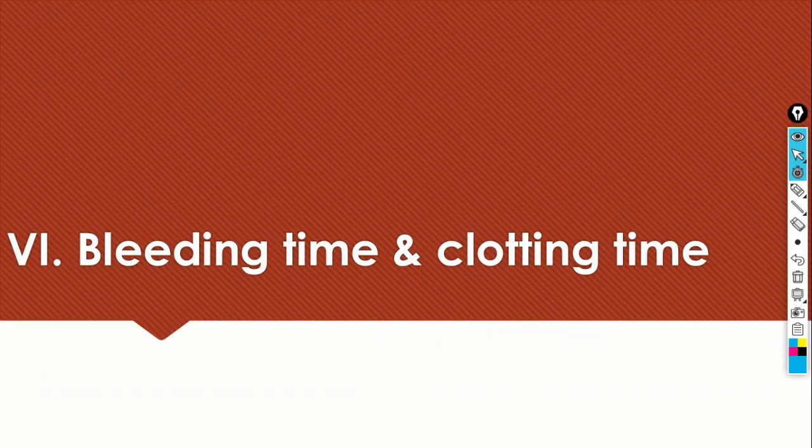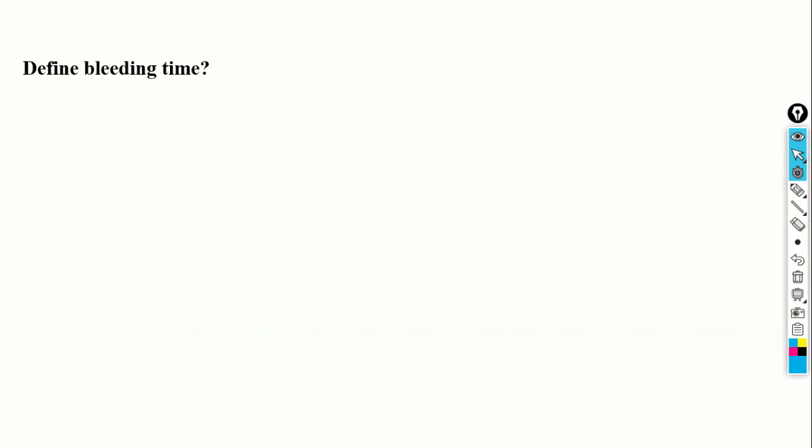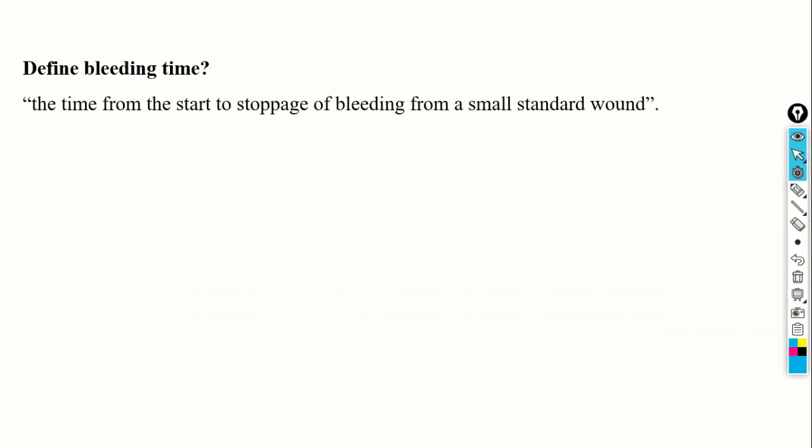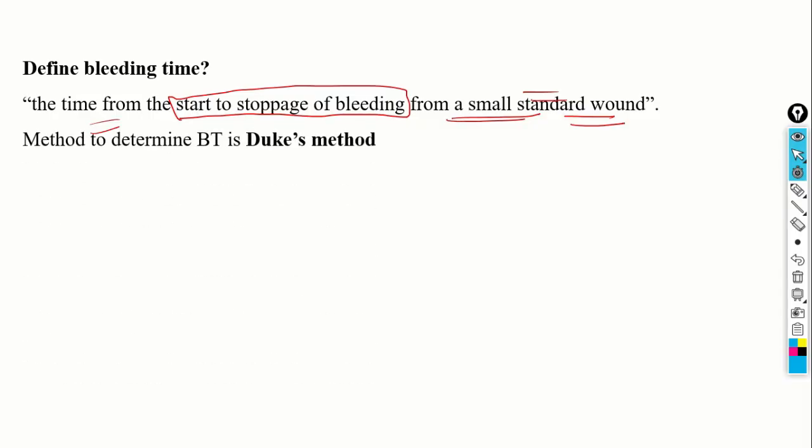So moving on to bleeding time and clotting time. Define bleeding time. Yes, we will be asking this question. It is the time from the start to stoppage of bleeding from a small standard wound. You are going to prick it, so it is a small standard wound.